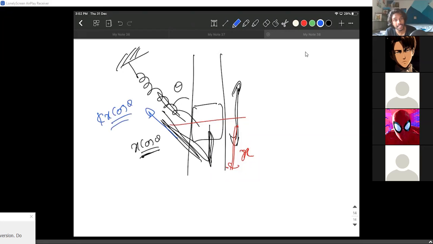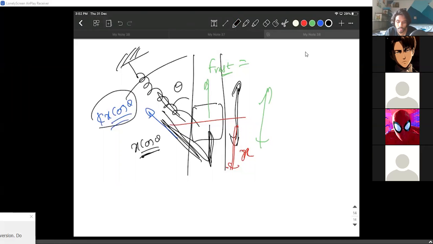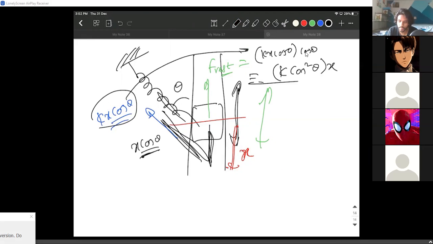But can I write this as a restoring force? No, the oscillations are in this direction, so the restoring force must be in this direction. So I have to take the component of this force again. So kx cos theta into cos theta makes the restoring force k cos square theta x.